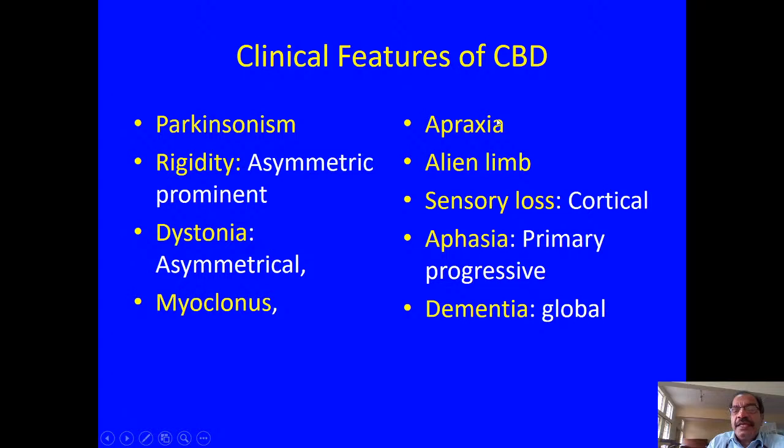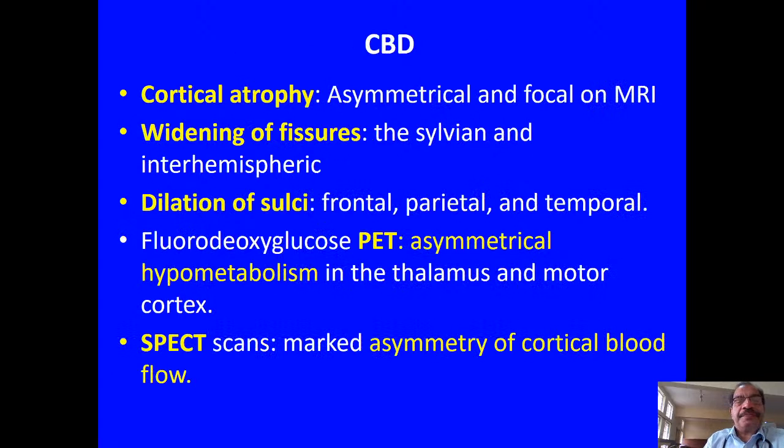Apraxia may be there, alien limb syndrome may be there, some cortical sensory loss may be there, language dysfunction may be there. So these cortical manifestations will be there along with motor manifestations, and this combination will be highly variable from individual to individual. So it may look like a picture of PSP, but PSP is more of a bilateral symmetrical disorder, while CBD is mostly unilateral.